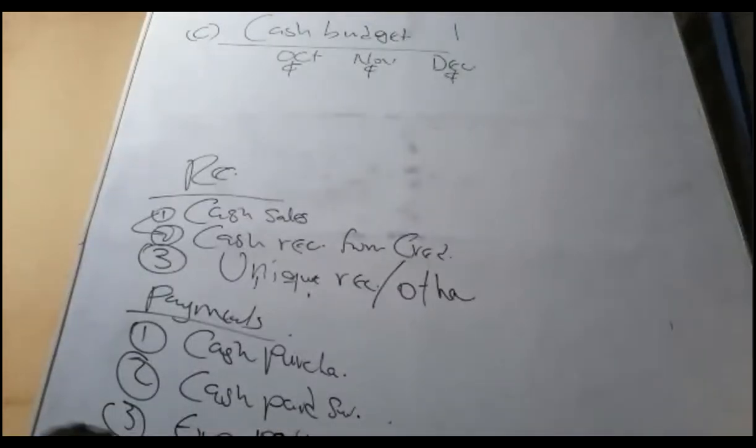Then four, expenses, you know expenses, right? Wages and salary. Any other item. And here too, unique or other payments, as usual. And then you are done.